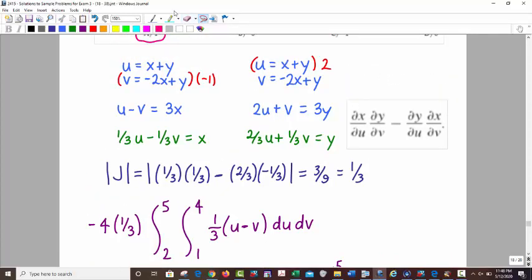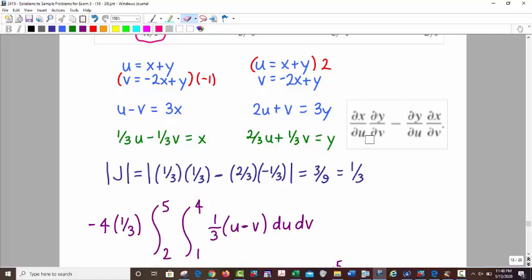So once again, I've already wrapped the absolute value, so we're trying to find the absolute value of the Jacobian. So the inside part is the actual Jacobian. It turns out to be positive anyway, but so let's see what we have here. So we're going to take the partial of x with respect to u. So it's going to be 1/3.